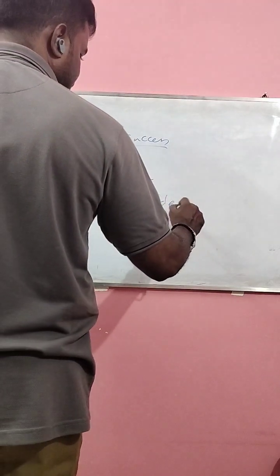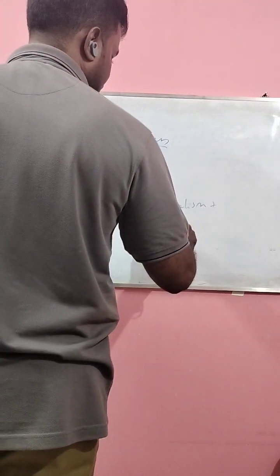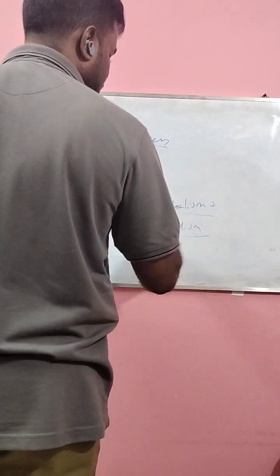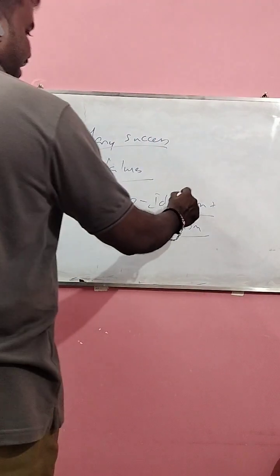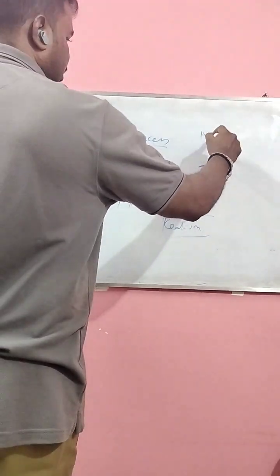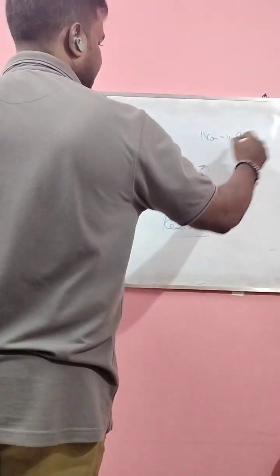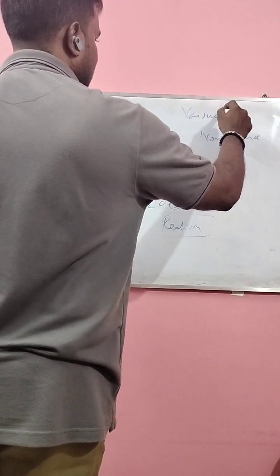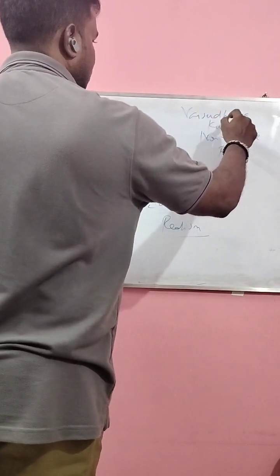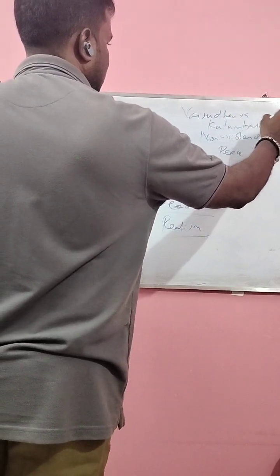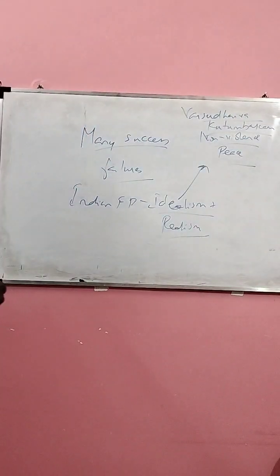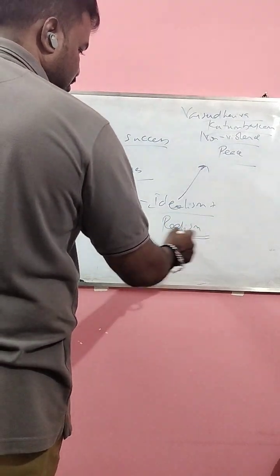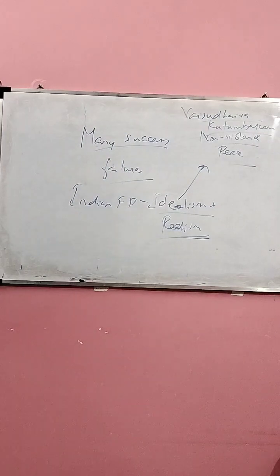Where do we see idealism? What is idealism? Domestic values reflecting in the foreign policy. Idealism, values like non-violence, peace, Vasudhaiva Kutumbakam, these are reflected in the form of idealism. Realism is also seen through the foreign policy of India. India is not a cowardly state.